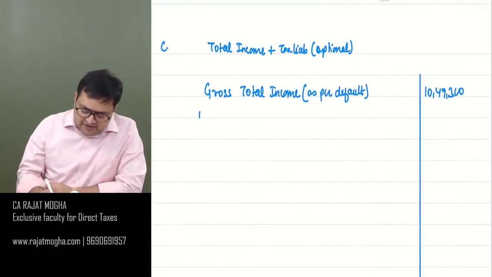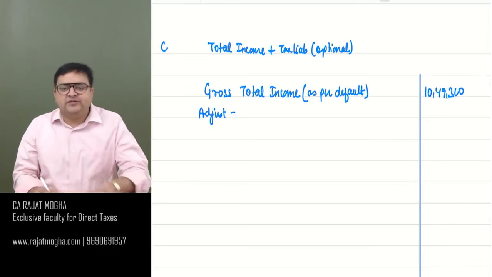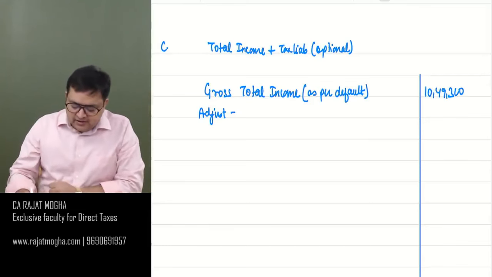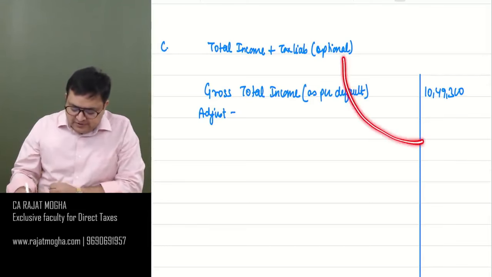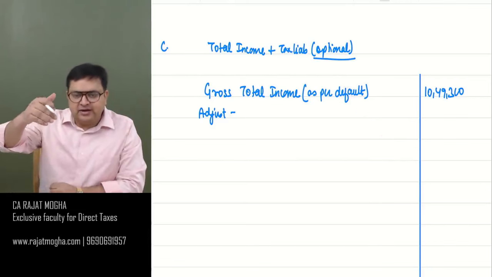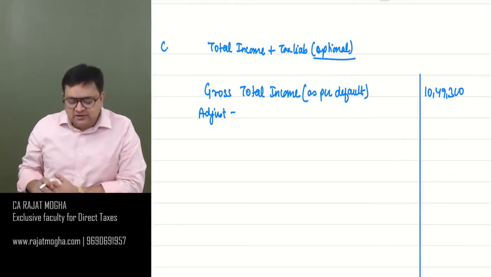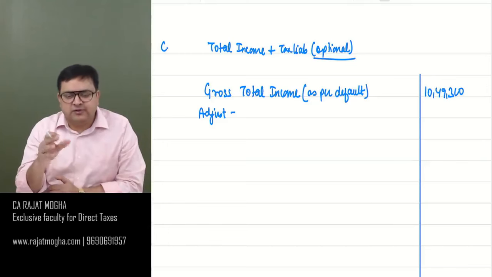Now we will adjust it so that I can do adjustment of my optional regime, because I need total income as per optional regime. So what I'll do, some little adjustment so that I can get the optional regime. First I will look, and it's very easy. I've already talked about the difference between optional and default under various heads.